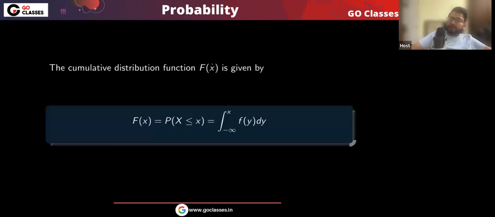What is a cumulative distribution function? Have you heard about this particular name? How many of you have heard about this particular name? Okay, just the name. I think we have talked about it in module 1 also.